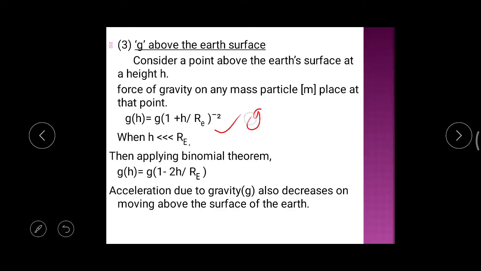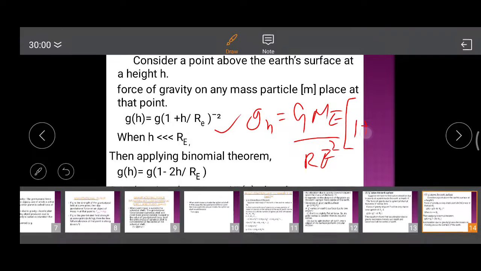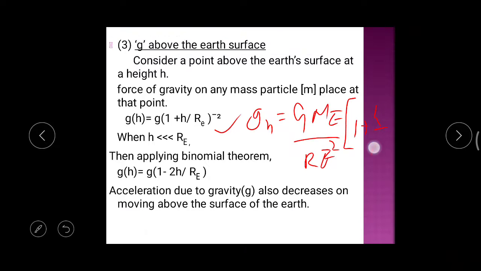That is the g of h value: g of h is equal to G M_E divided by R_E square into (1 + h by R_E) all raised to minus 2. You know that G M_E divided by R_E square is the small g value, that is the gravitational acceleration at the surface of the earth.